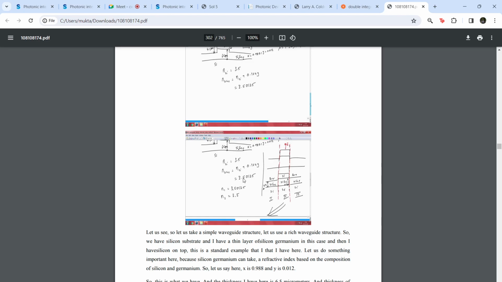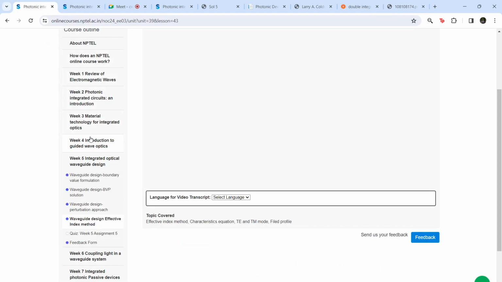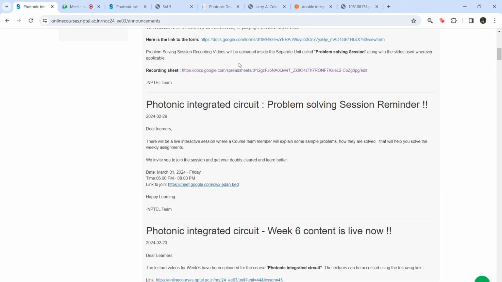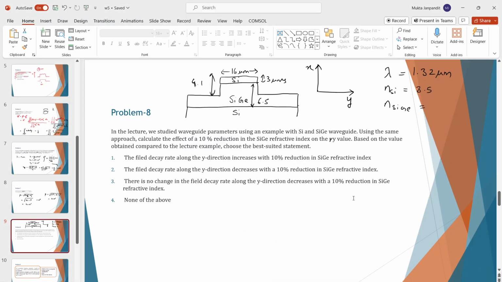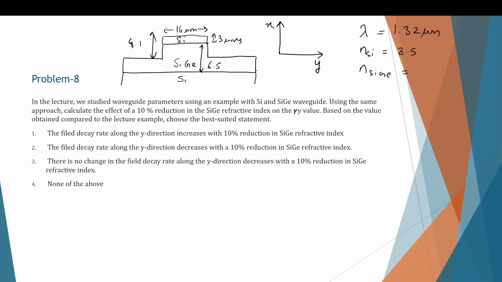Yeah, I found it. 3.50125. This is 3.50125.